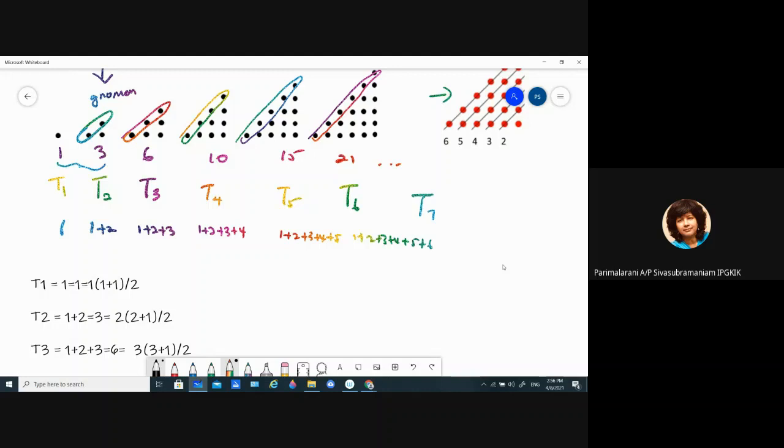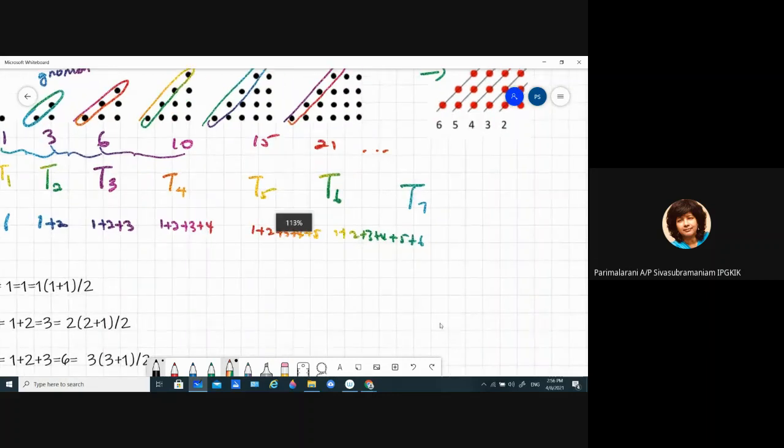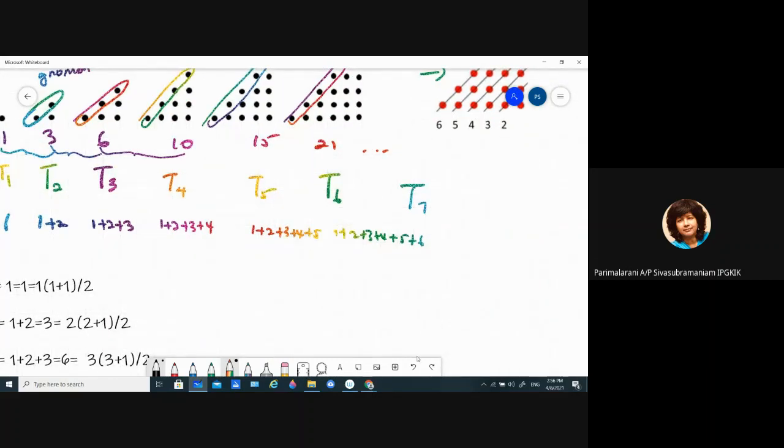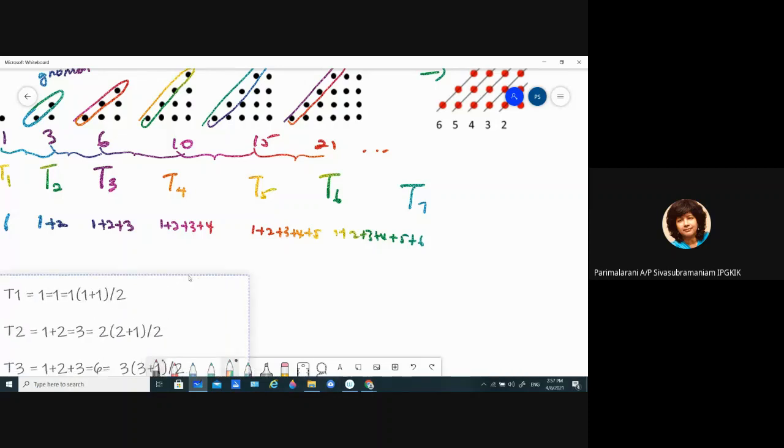When you add 3 and 6, you get 9, which is a square number. When you add 6 and 10, you get 16, which is a square number. 10 and 15 is 25, a square number. 15 and 21 is 36, a square number. So we see a pattern here.